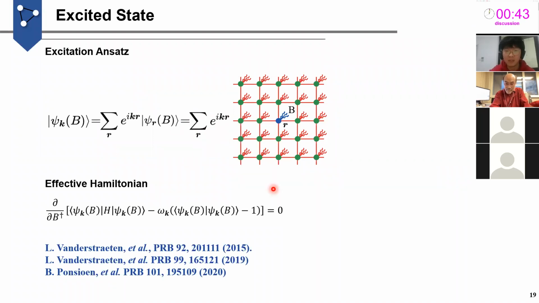What do you mean? Yeah, you just put one impurity in the whole network, and you just sum over all the configurations with a phase shift, some sort of that.